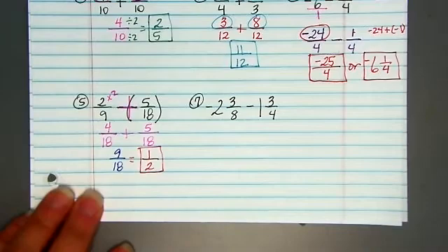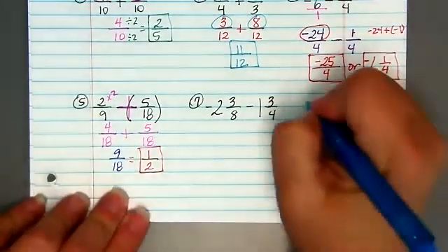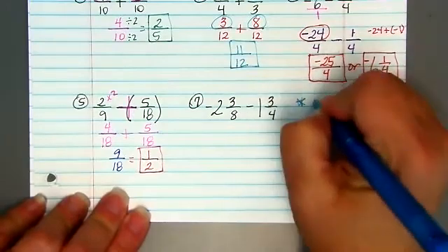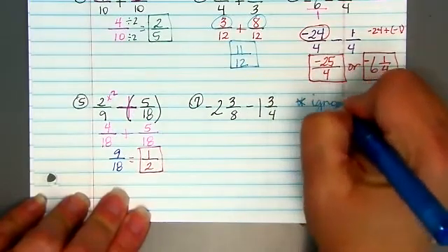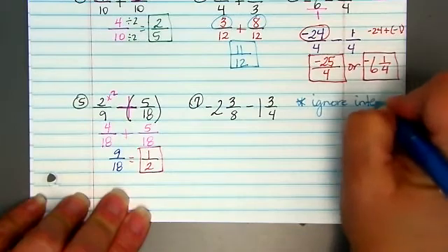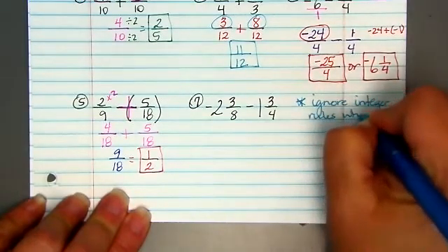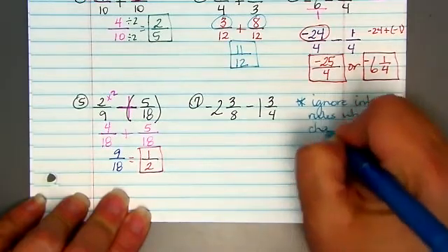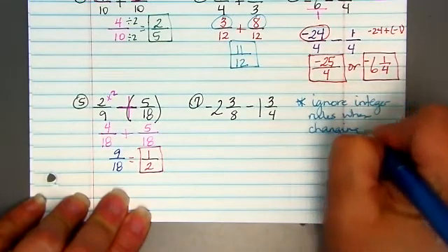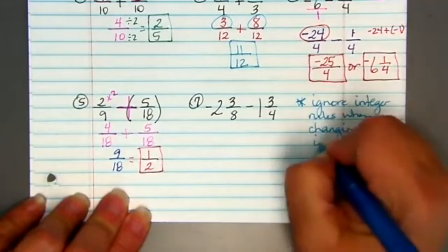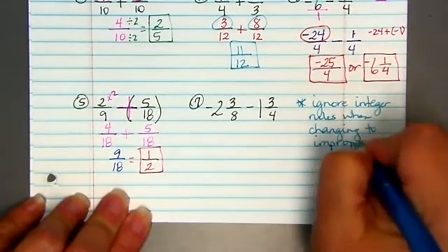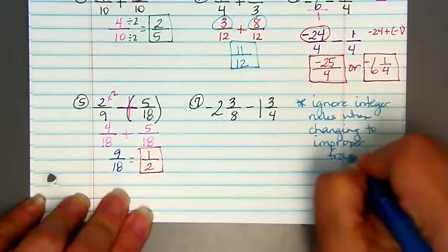We're just changing to improper fractions. So right now, we're going to ignore integer rules when changing to improper fractions.